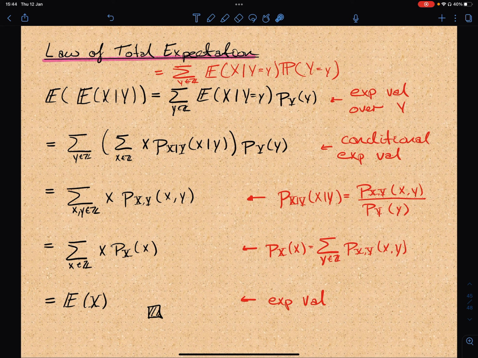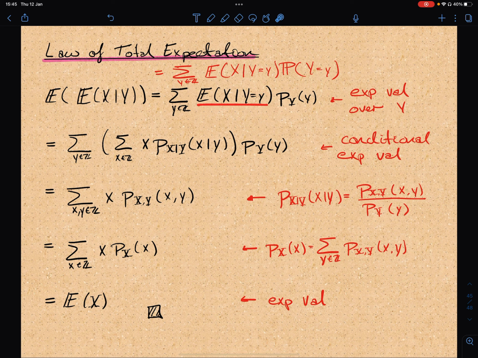Again, we think of this as a function of y, and we take a weighted average of this quantity. So we plug in different values of y, and we weigh it by the probability of Y equals y.